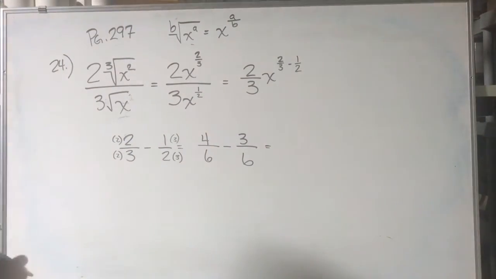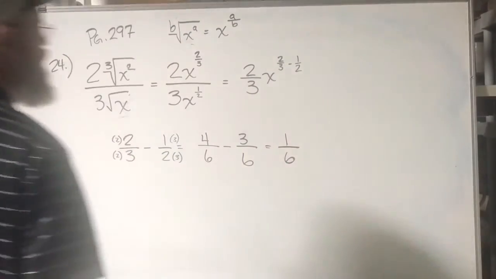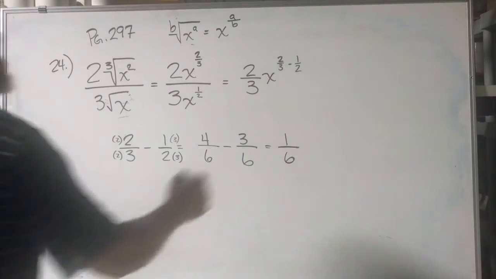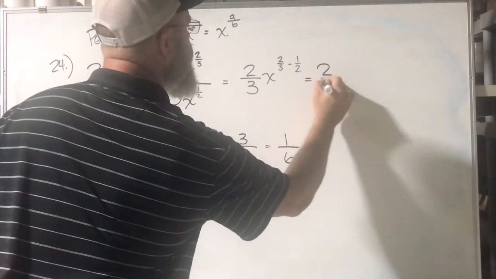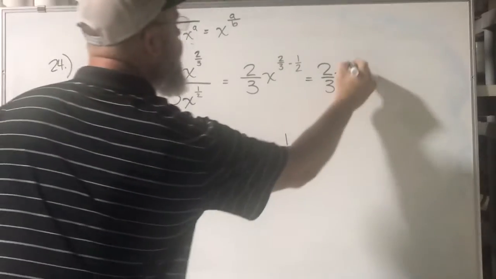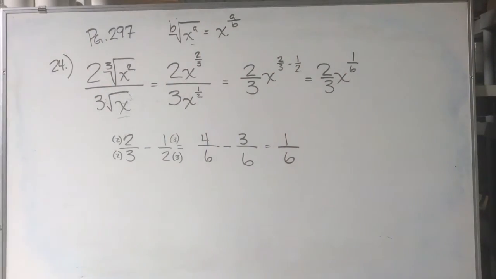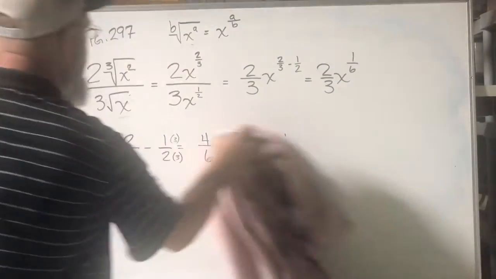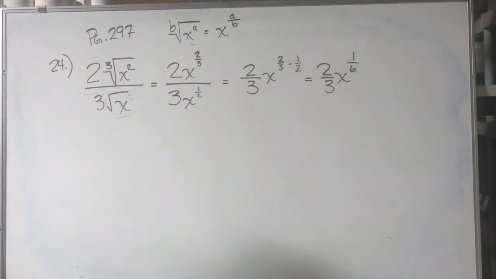Then we just subtract the numerators. 4 minus 3 is 1. We keep the common denominator, so it's 1/6. So this actually equals 2/3 times x to the 1/6 power. Okay? So now we have to rationalize it. We have to put it back into a radical form.